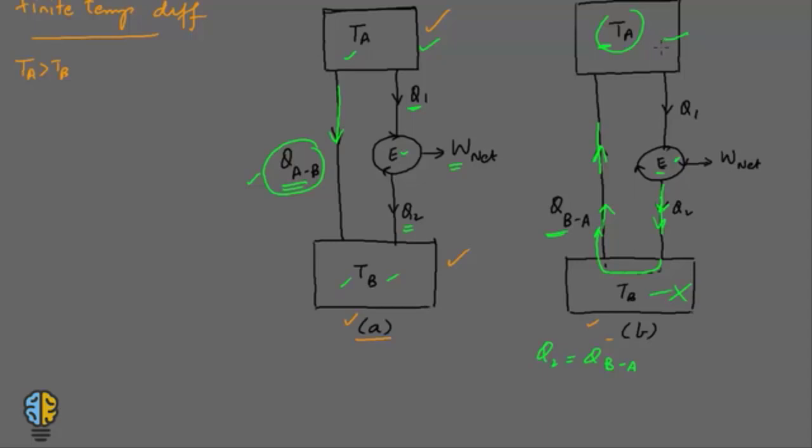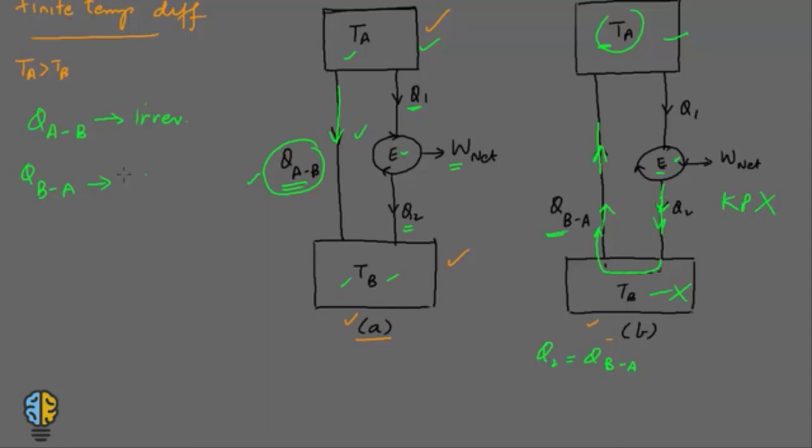This brings us to the conclusion that the heat transfer QAB is a spontaneous change. So this is an irreversible process, because if you reverse this heat transfer direction to QBA, the Kelvin-Planck statement is being violated.